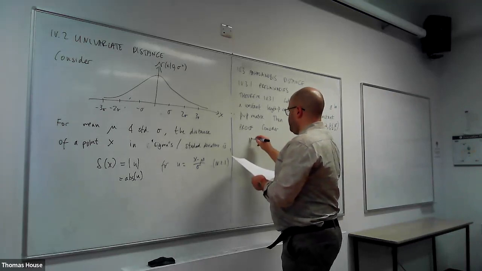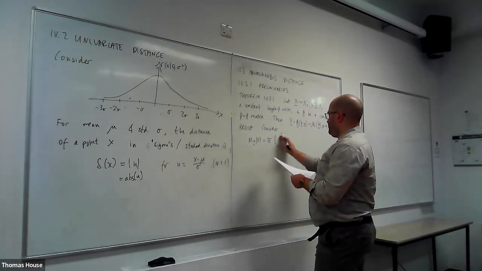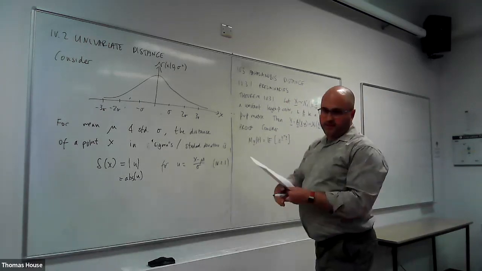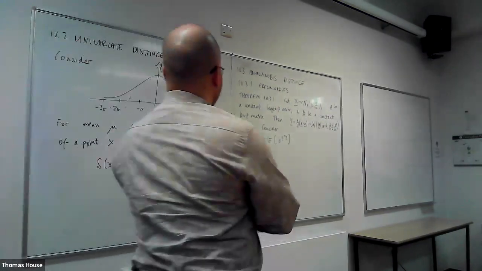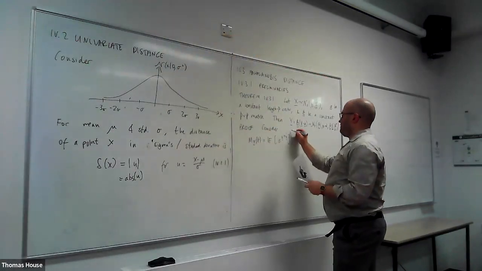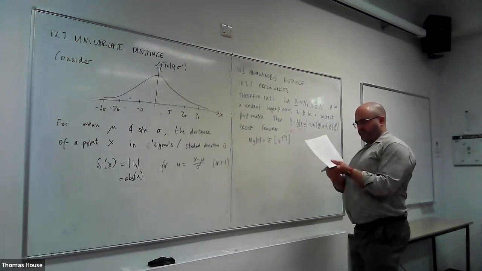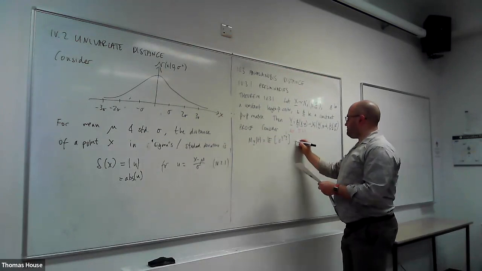Okay, so the way we're going to do this is consider the moment generating function of Y, which is the expected value of e to the t transpose Y. That's from the definition. So we're going to write out the expectation.